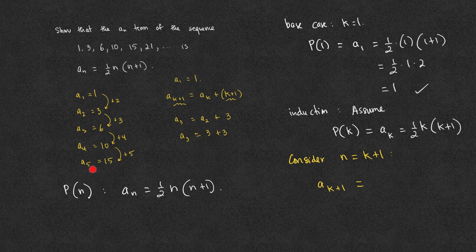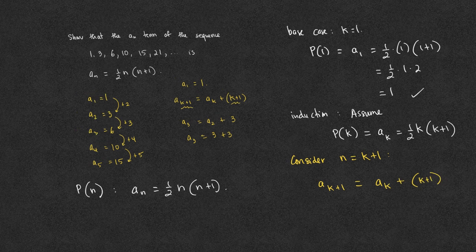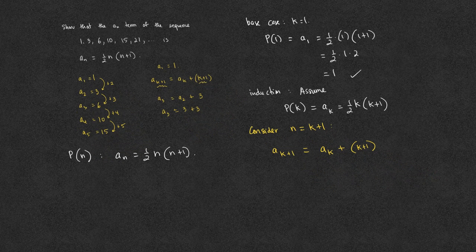So we add the subscript to the previous term. The previous term of a sub k plus 1 is a sub k, and we add k plus 1 to it. Remember that we assume that the formula is true for a sub k, where a sub k is 1/2 k times k plus 1 already. So we replace a sub k with this expression.